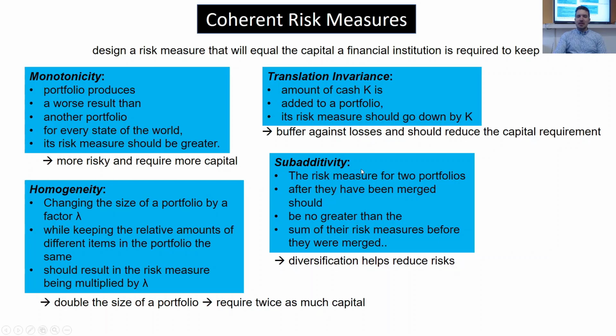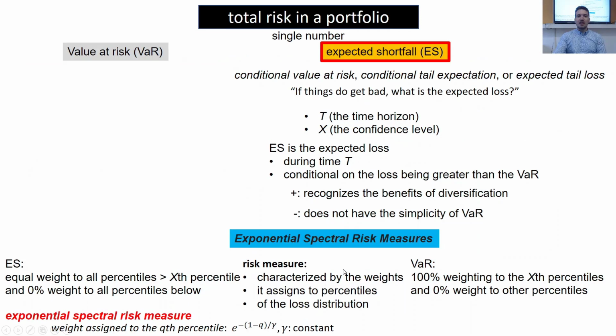Sub-additivity means that we are taking two portfolios, two risk measures, and if we are adding them together, then at the end of the day, the combined portfolio's risk measurement should be the same or lower than, but not higher than the merger. So practically diversification should be useful, at least, and that's why these exponential spectral risk measures behave like this.